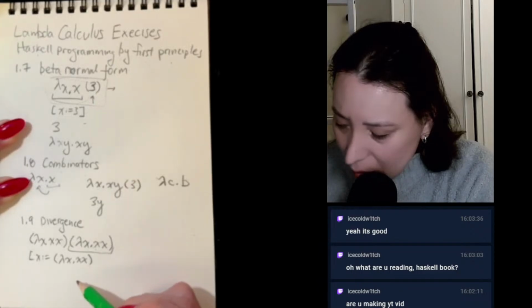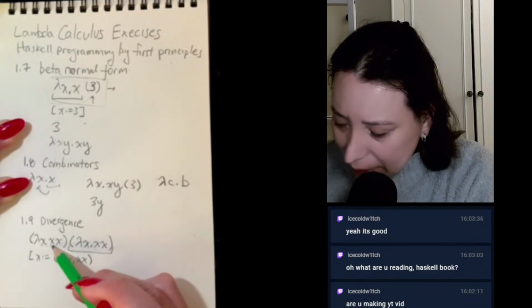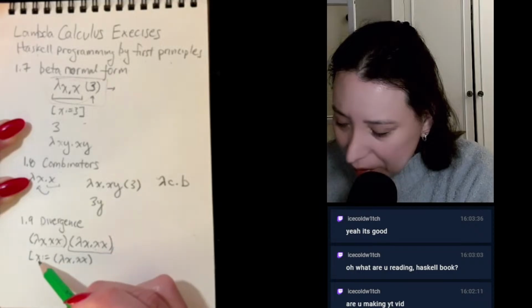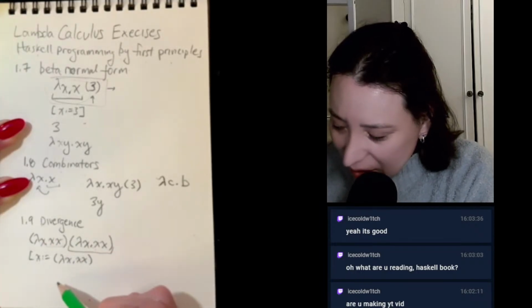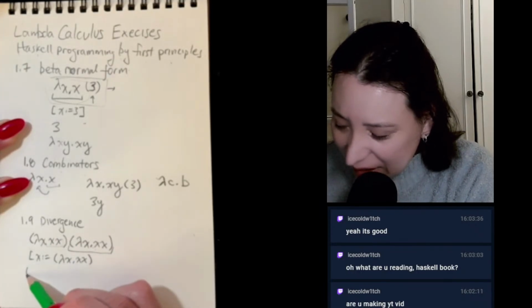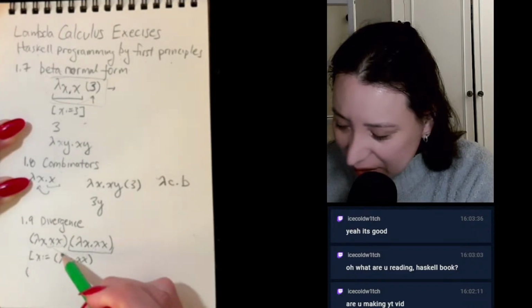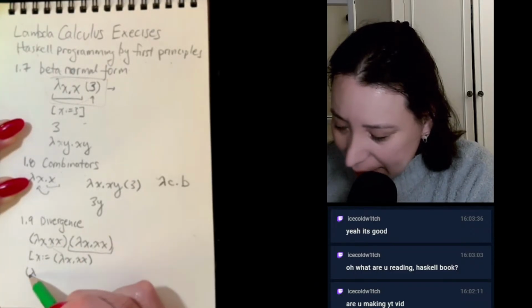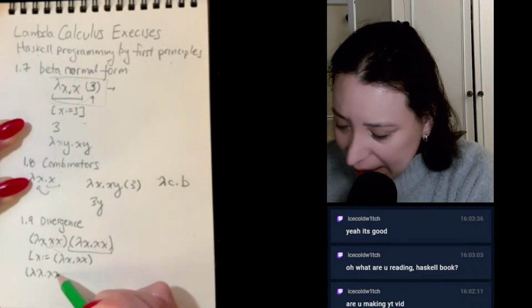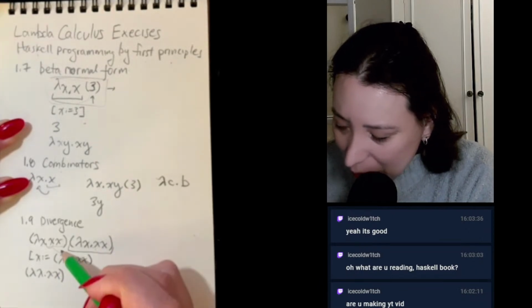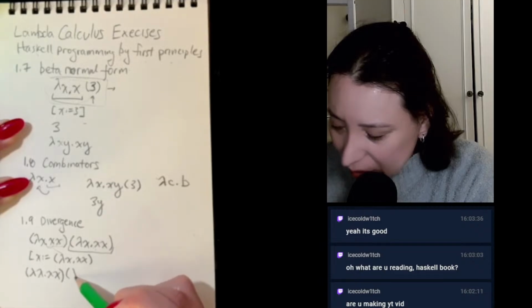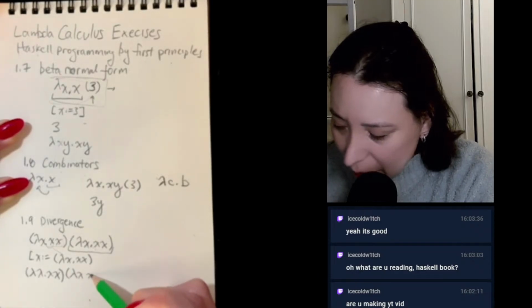And now we're going to replace, wherever we see x in the body, we're going to put this in. So you can kind of trivially see that this first x is going to turn into this, which is lambda x dot xx. And now we have a second x, which turns into the same thing.